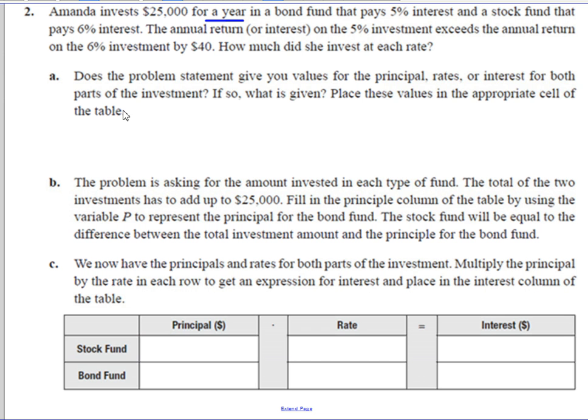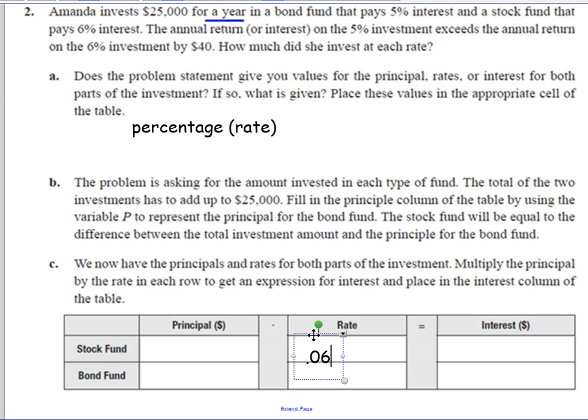It's scary, but let's walk through it and fill in our chart, because the chart really helps. And so what we can see for both is that we're given the percentages, which is the rate. And so if we fill those into our chart, the stock fund is 6%.